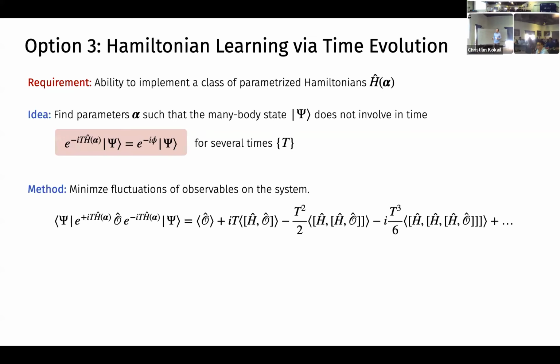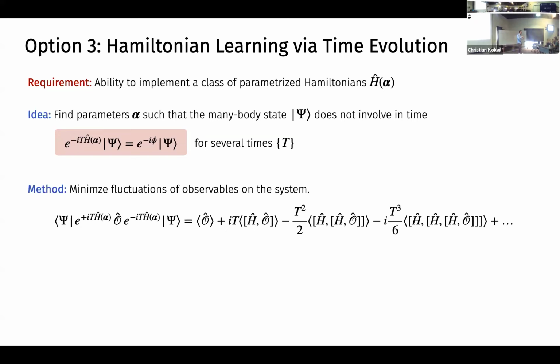This is what we try to do here. Eventually what this corresponds to is you measure some observable as a function of time, and you can apply this time evolution operator on this observable, and what this does is it scrambles the observable in a very complicated way. So you measure extremely complicated observables eventually. The reason why we proposed this is that with this method you can learn the Hamiltonian by measuring much simpler observables.